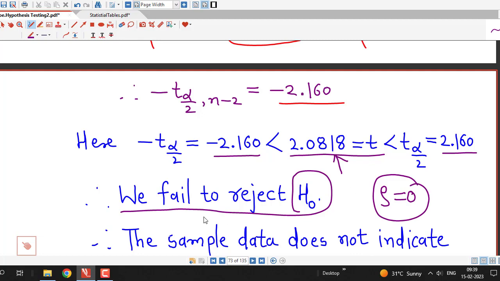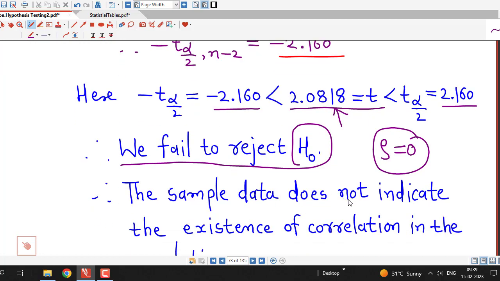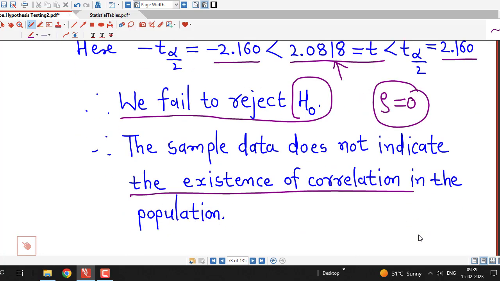So we can say that the sample data does not indicate the existence of correlation in the population. If we are able to reject the null hypothesis, that means we can say that rho is not equal to 0. But here we are not able to reject the null hypothesis. Null hypothesis is that there is no correlation.